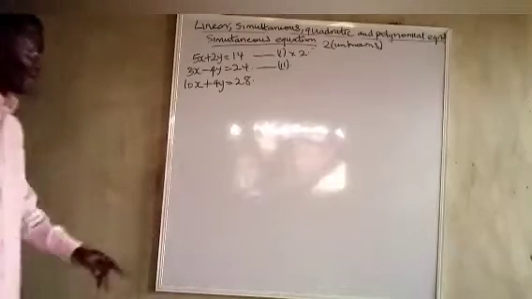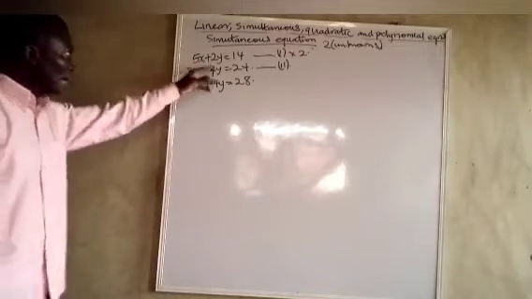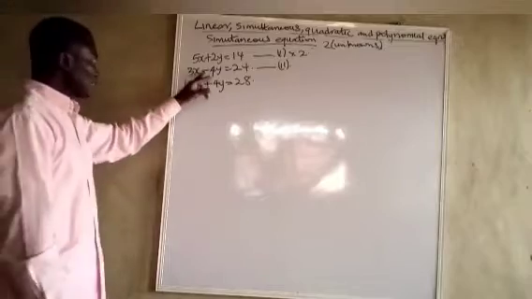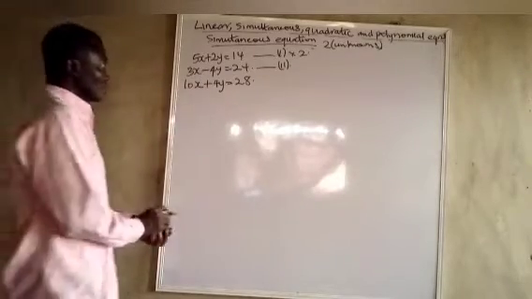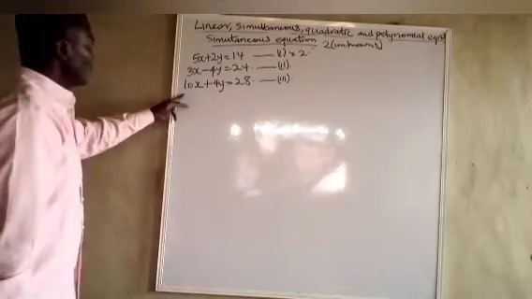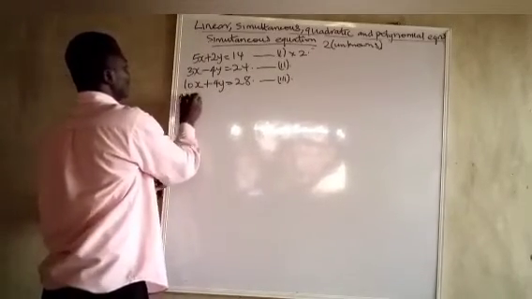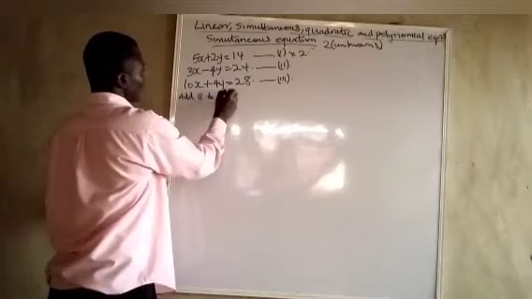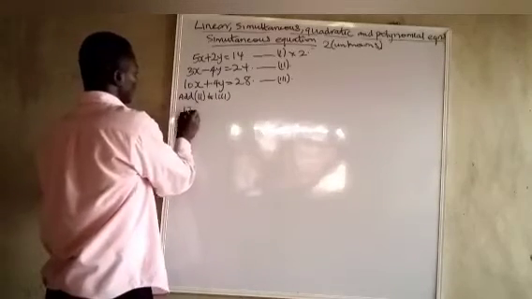You can see, now I have minus here, I have plus here. To cancel this, all I need to do is to add the two. Sometimes you might have plus here and plus here. In that instance, you will need to subtract the two equations. So I can call this one 3. Now, to cancel the y, I will add 2 to 3. What does that give me? 3 plus 10, that's 13x.